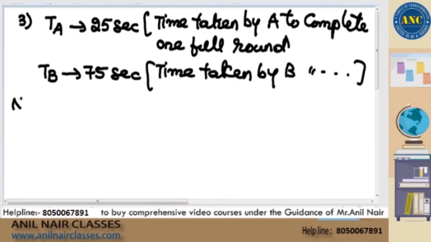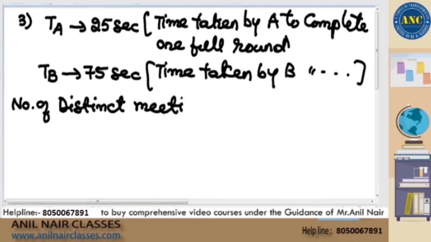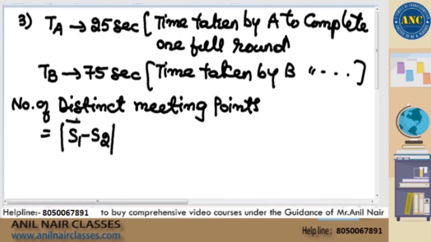The same question can also be asked like this. What if it is number of distinct meeting points? Already we discussed number of distinct meeting points is given by mod of S1 minus S2 if they both are traveling in the same direction.